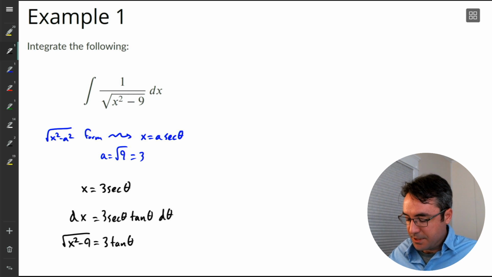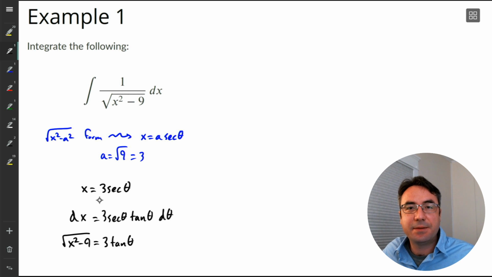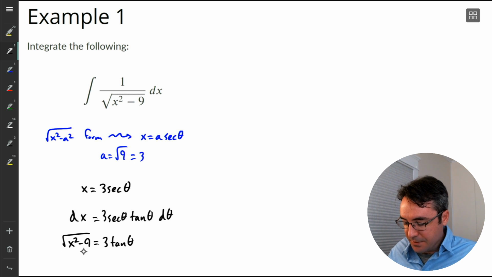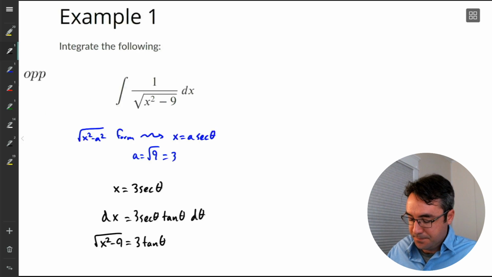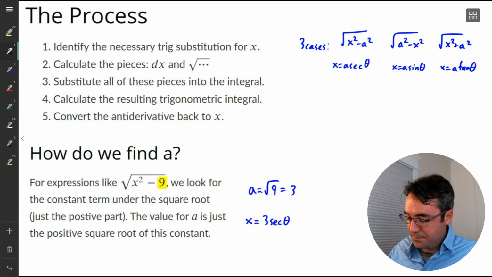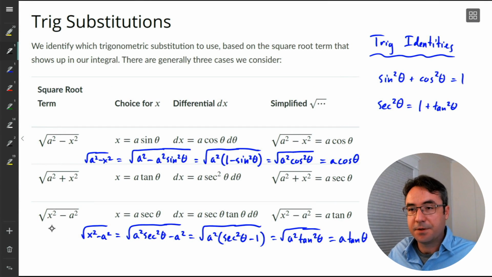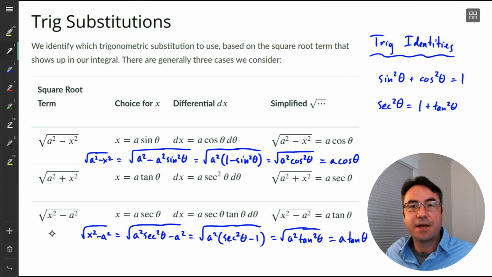So let's go back to our table just to check that. We picked x equal to 3 times secant theta, and we're saying the square root function is going to simplify to 3 times tangent theta. So let's look. We have our 3 cases on our table here. We're in this case here, x squared minus a squared.